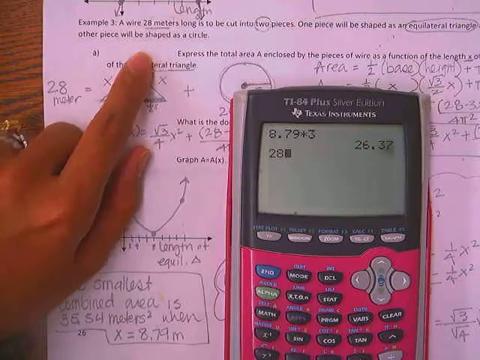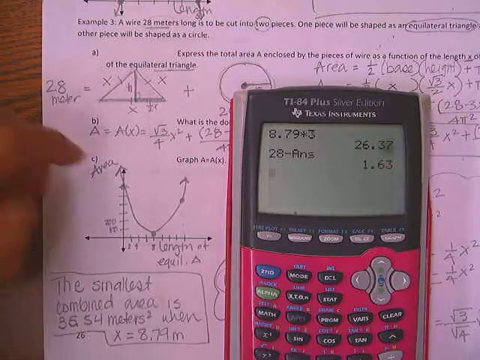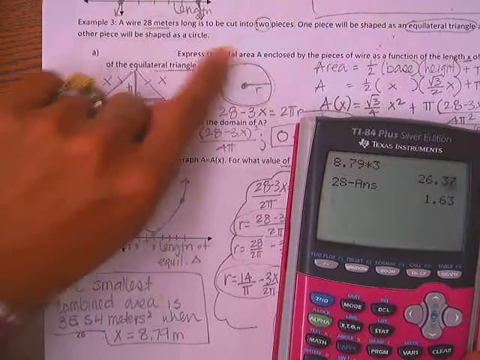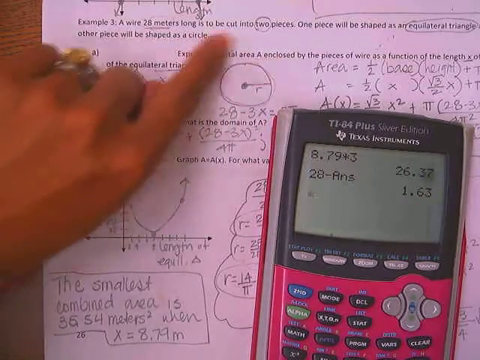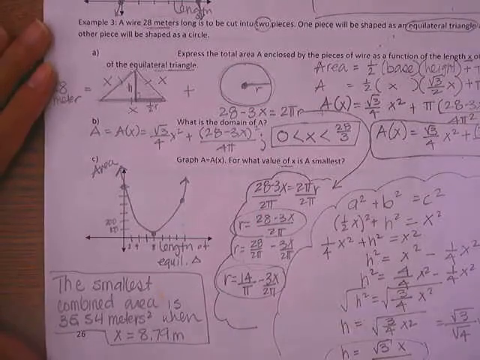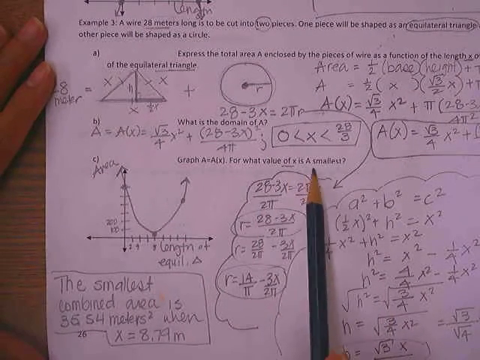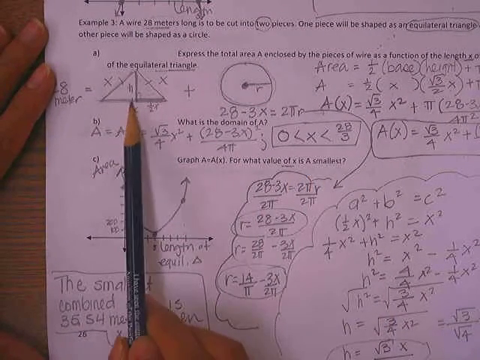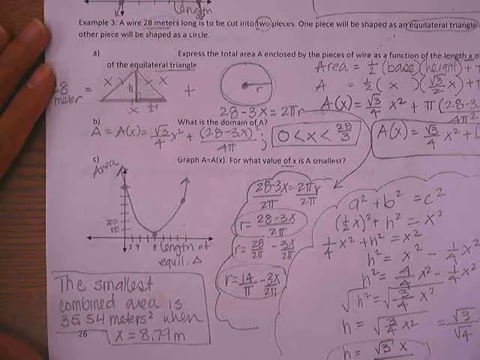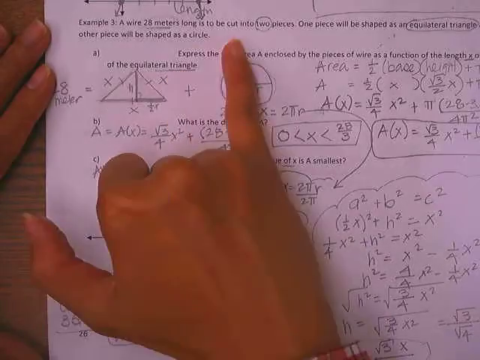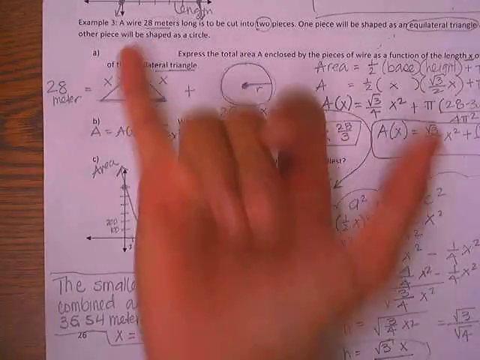If I take 28 minus my answer, it's 1.63 meters. So the rest of the circle is super tiny, only 1.63 meters combined for the entire circle. So if you're looking for the smallest combined area, you give the triangles the most perimeter, or the most meters of the wire.